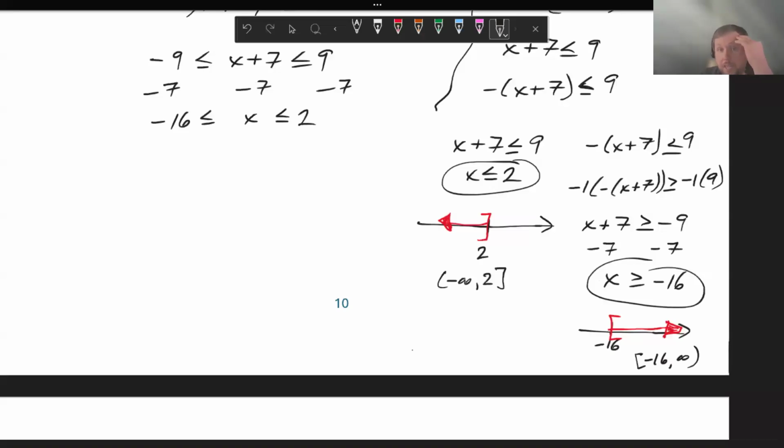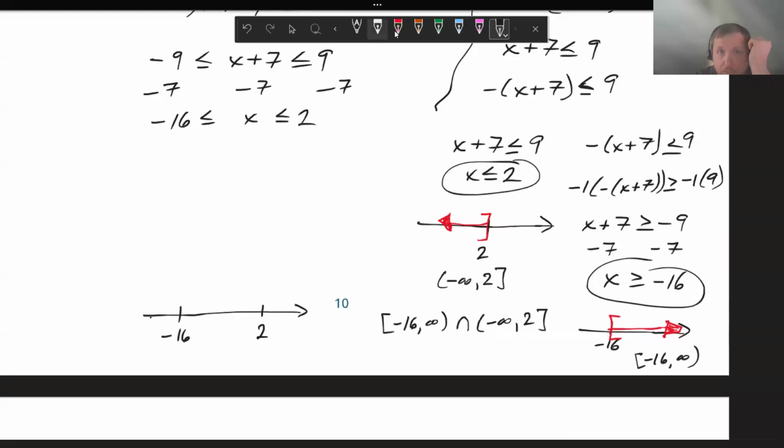But what's going to happen is we need these to both be true at the same time. So we end up combining these two ideas together. We have this negative 16 to positive infinity, and then I have to do an intersection with the negative infinity to 2. Where these two things intersect, now hopefully you can appreciate the shortcut that the textbook is giving you.